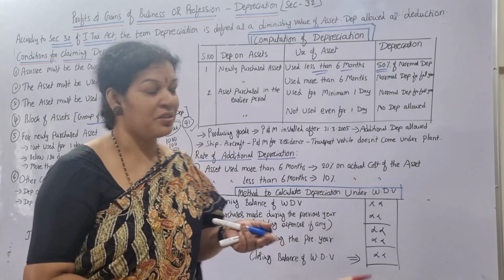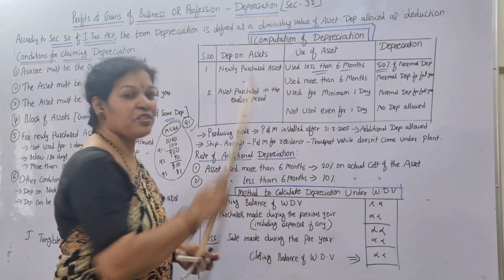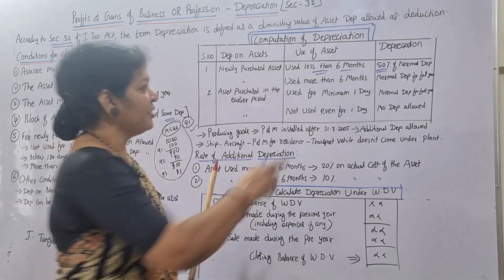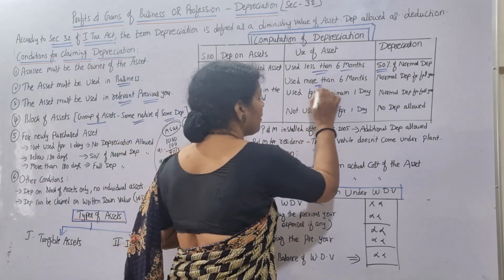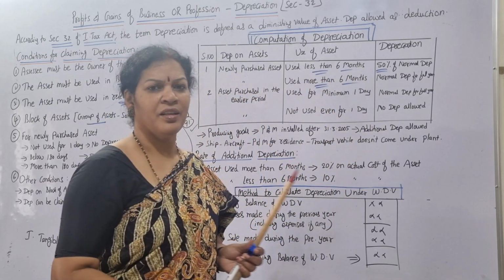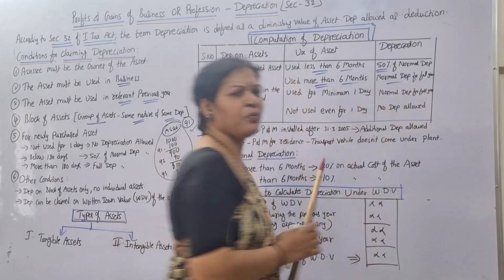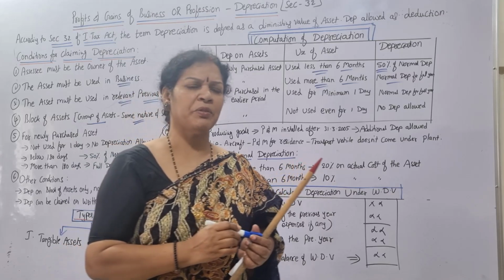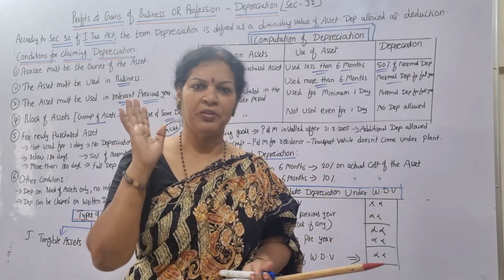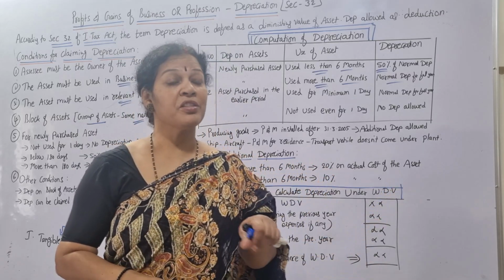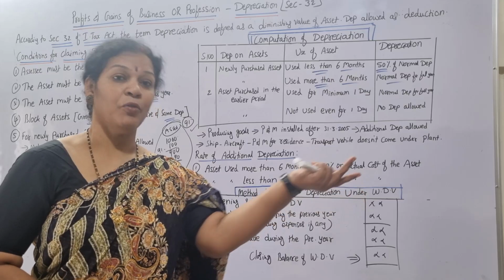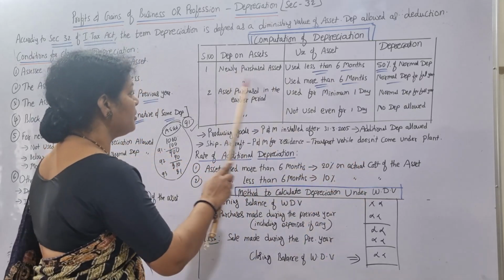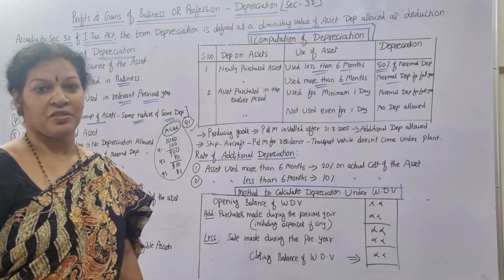If you used it more than 6 months, the normal depreciation for the full year, whatever depreciation is there, the entire normal depreciation you can claim. Below 6 months, 50%. Above 6 months, full depreciation. This is related to the newly purchased asset.